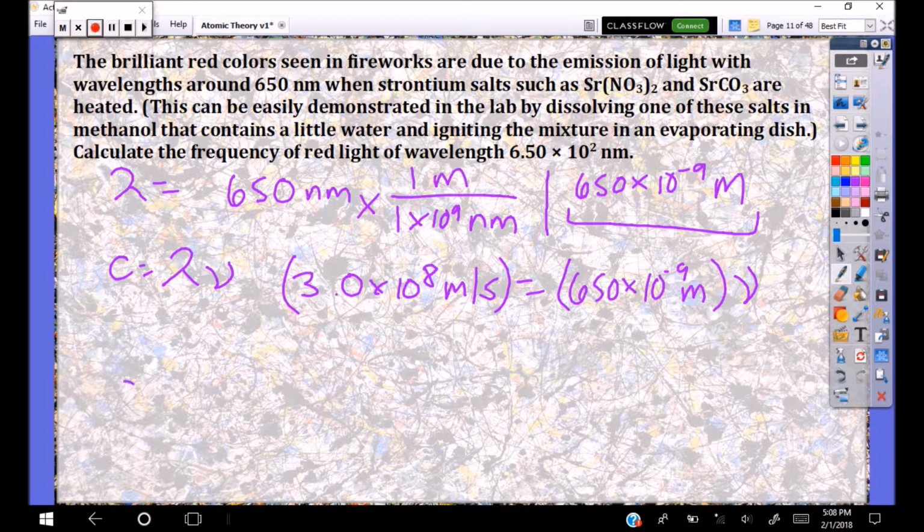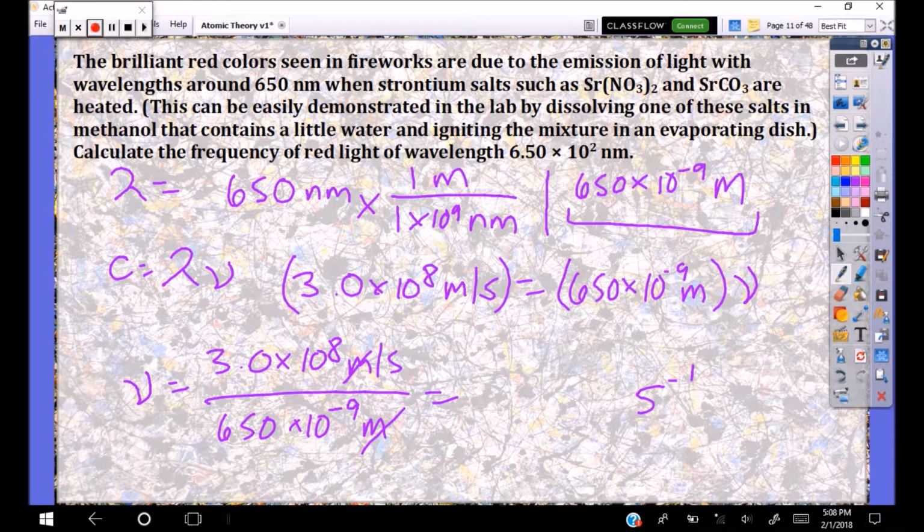We end up getting that nu is equal to 3.0 times 10 to the 8th meters per second over 650 times 10 to the negative 9th meters. Meters will cancel, and we'll be left with some number per second, so seconds to the negative 1, or if you want to write hertz, hertz is okay.